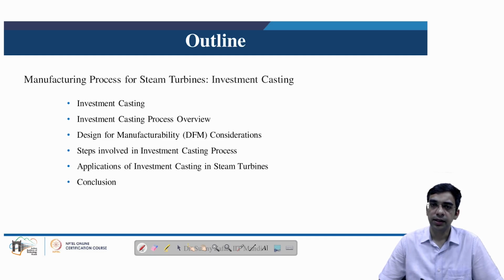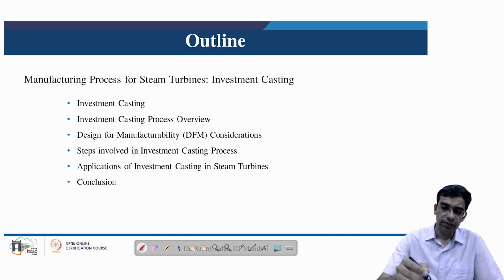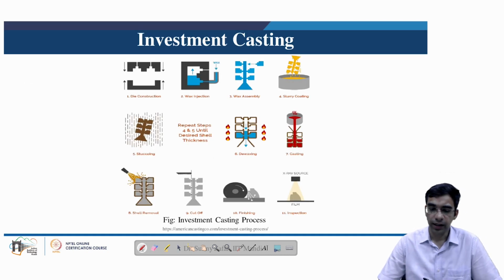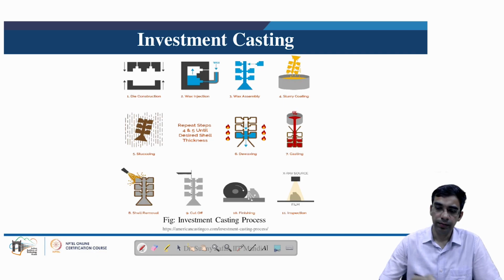So in this regard, the investment casting route, as we have seen earlier also, was a very popular route for the nickel based superalloys which were used to cast the gas turbine blades. The investment casting route is also popular with the steam turbines. So in the investment casting route, as we have seen earlier, it primarily consists of the pattern which is made up of wax.